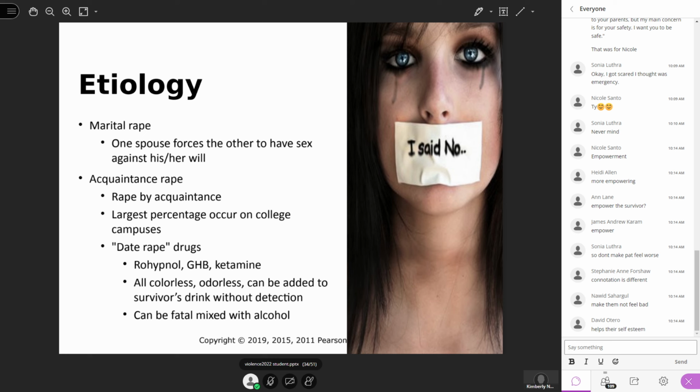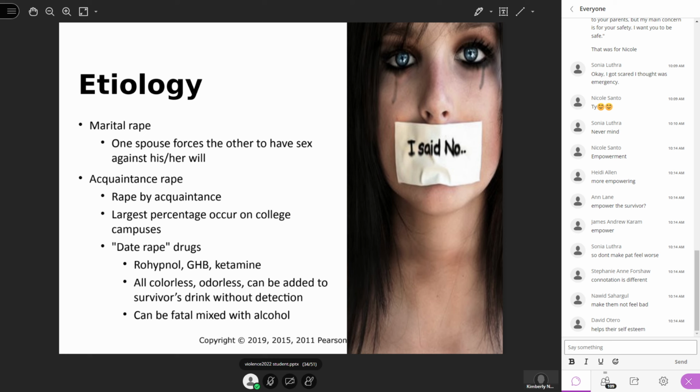Okay. And on this slide, that's kind of where I was leading to, is can a person be raped by their spouse, his or her spouse? Yes, they most certainly can. You can still say no if you don't want to engage in intercourse at that time. You have the right to say no.